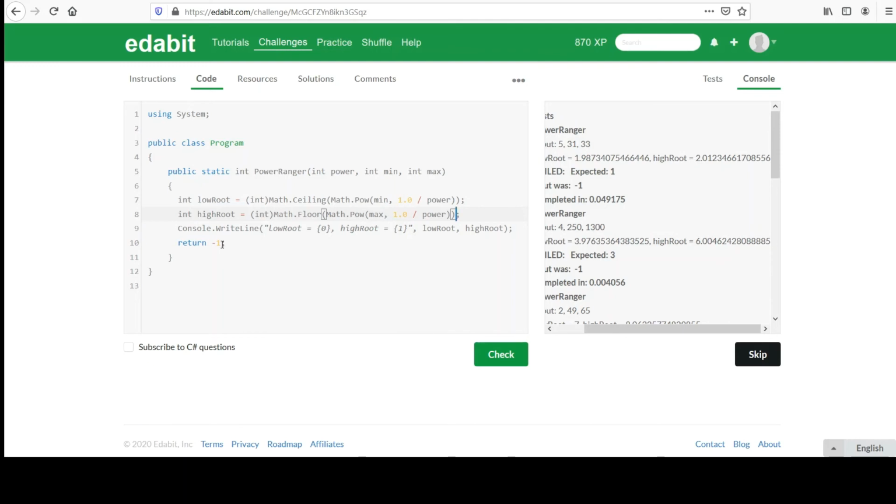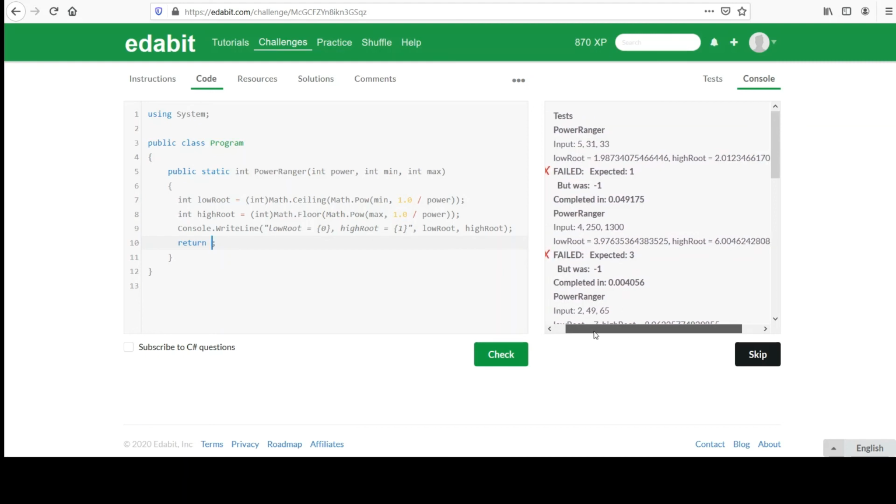And then maybe it's clear now from this, when you make these into integers, right? This one would go up to 2, this one would go down to 2, this one would go up to 4, this one would go down to 6. You can figure out now probably how to return the integer that they're looking for, the count of these powers.